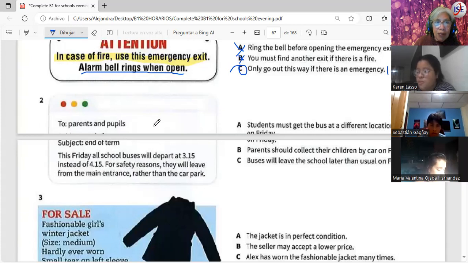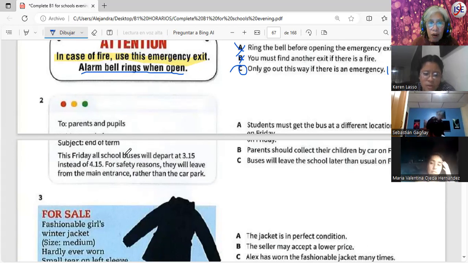Number 2, to parents and pupils. Subject, end of term. This Friday, all school buses will leave at 3:15 instead of 4:15. For safety reasons, they will leave from the main entrance rather than the car park. Letter A, students must get the bus at a different location on Friday.